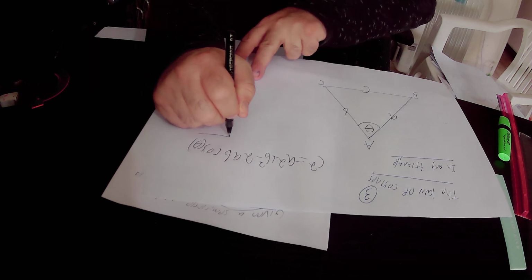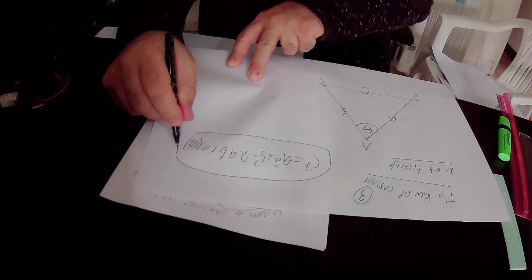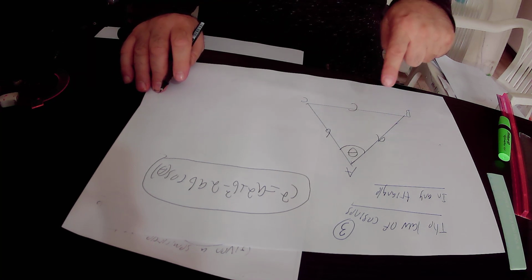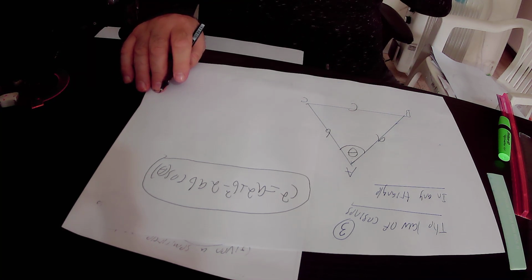Okay, I'll repeat again. C squared equals A squared plus B squared minus 2 times AB times cosine theta.